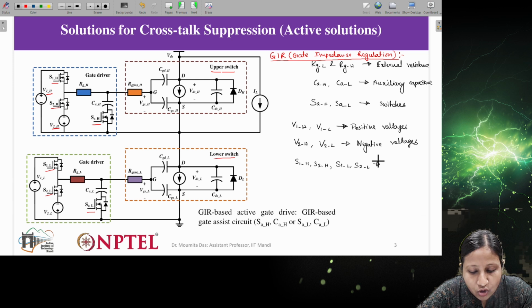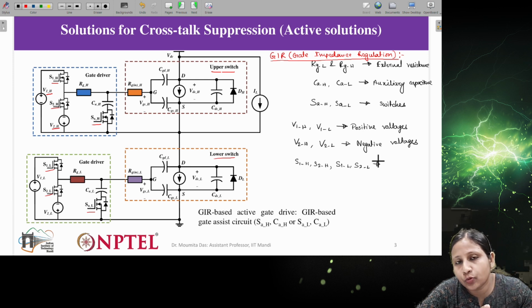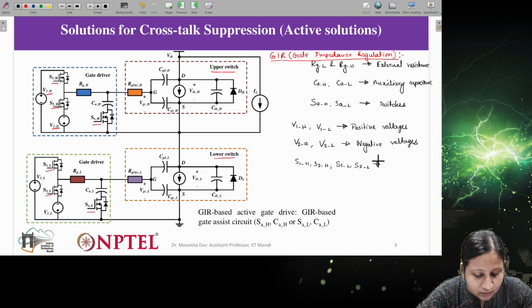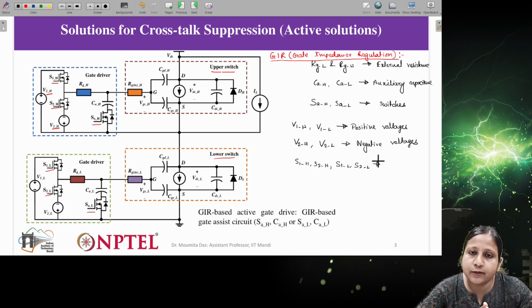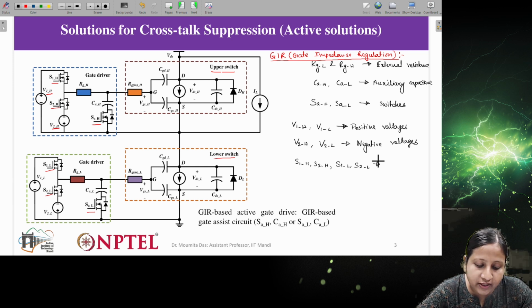Means if we have to provide positive voltage, then the S1H or S1L switch will be on, and the positive voltage will find the path through that particular switch, let's say S1H, then the external resistance RGH and internal resistance RG in, and then through the input capacitance of the gate, and that is how the switch will turn on, right?